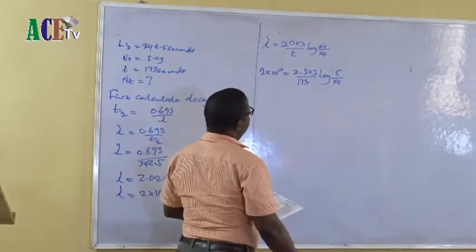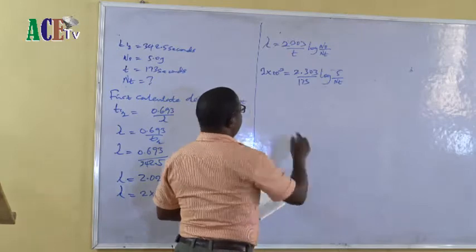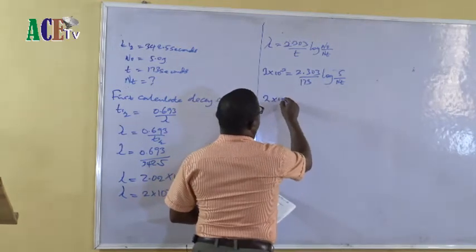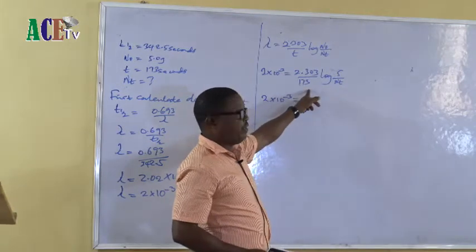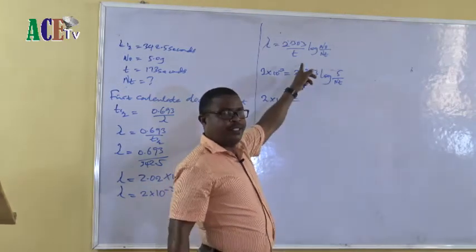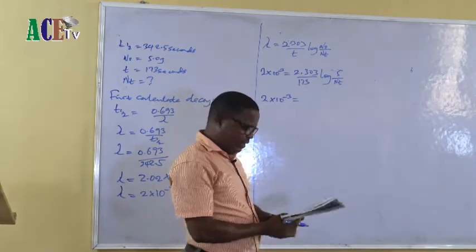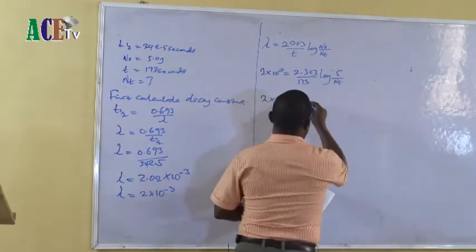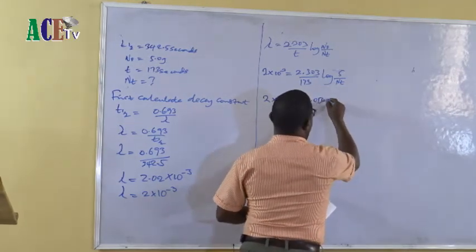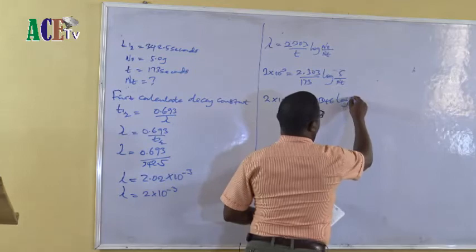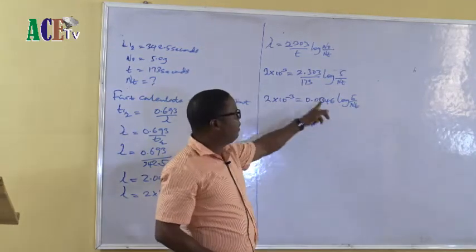So with this, I have 2 times 10 raised to power minus 3 equals, you divide 2.303 by 173, that's giving you 0.01346, times log of 5 all over Nt. So when you divide this, you have this.